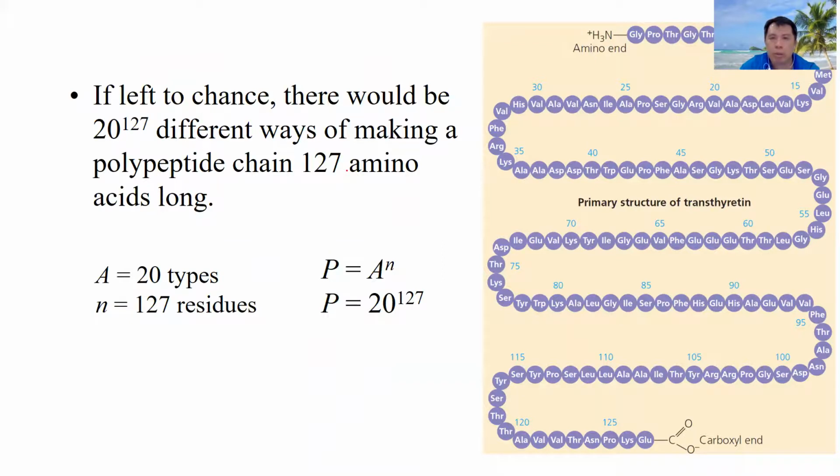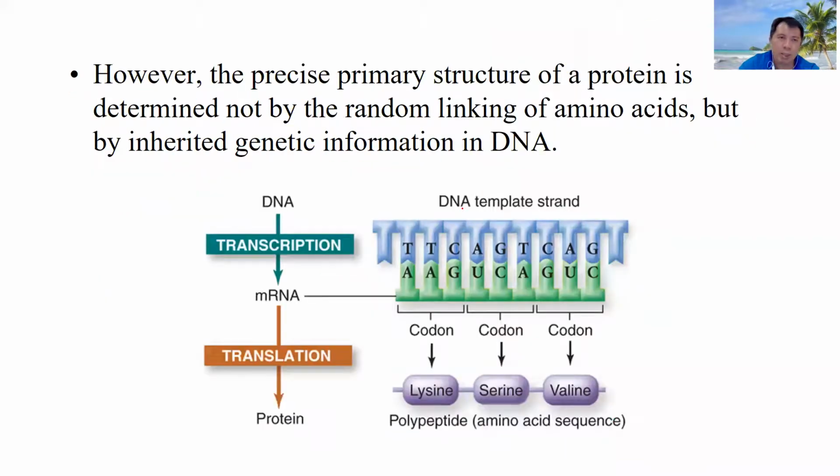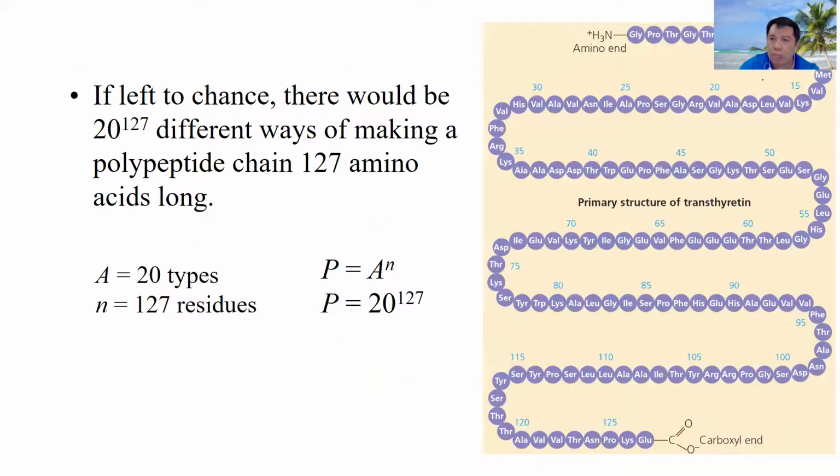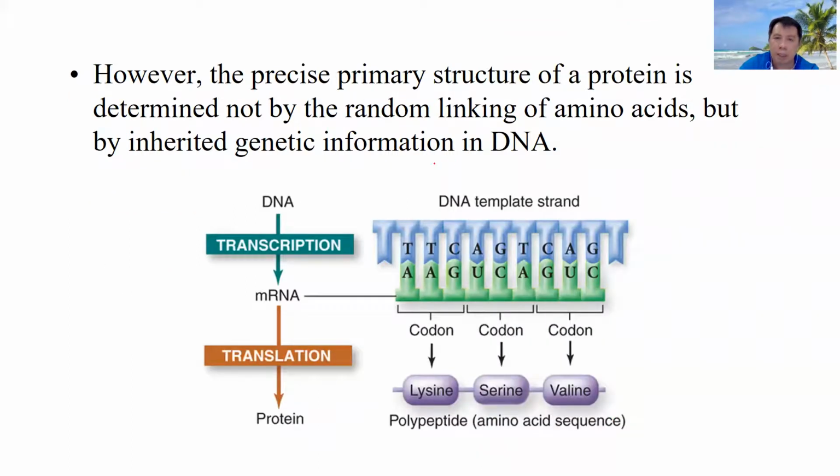So let's go back to the formula from just now. If we left it to chance, there would be 20 to the power of 127 different ways of making a polypeptide chain with 127 amino acid residues. But the precise primary structure of a protein is not determined by random linking of amino acids. Actually, it is determined by DNA.